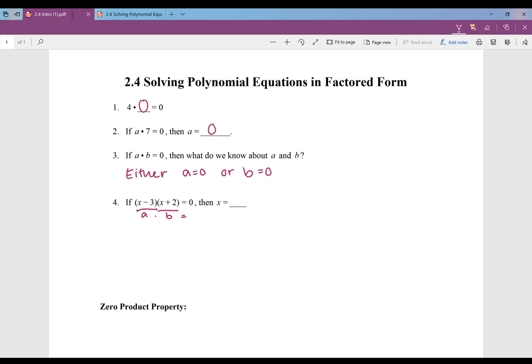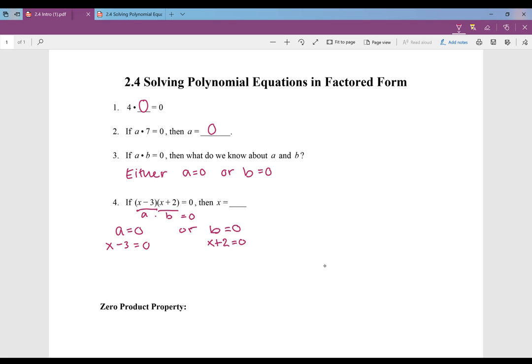And if a times b equals 0, then we know either a has to equal 0 or b equals 0. So we can say a is our x minus 3, so that has to equal 0, or b, which is x plus 2, has to equal 0.